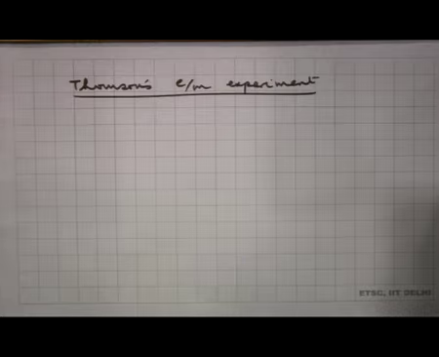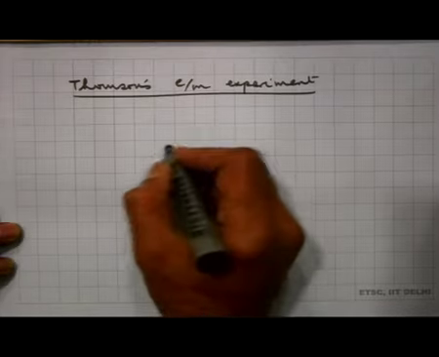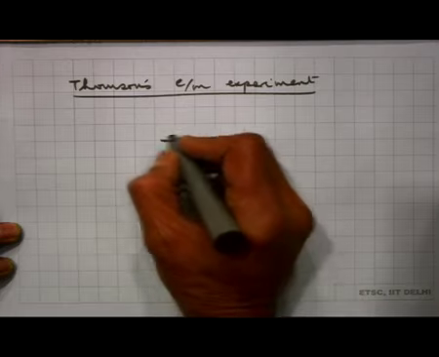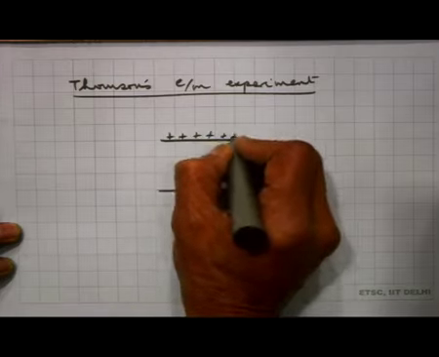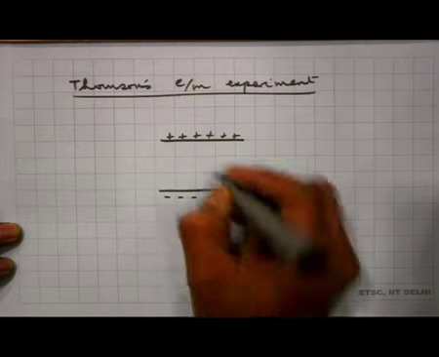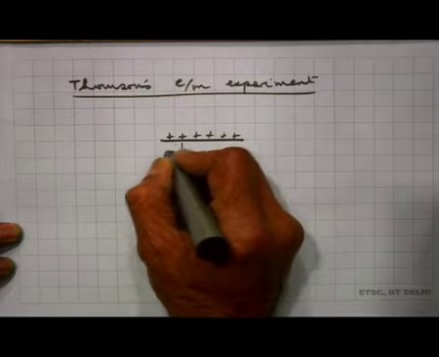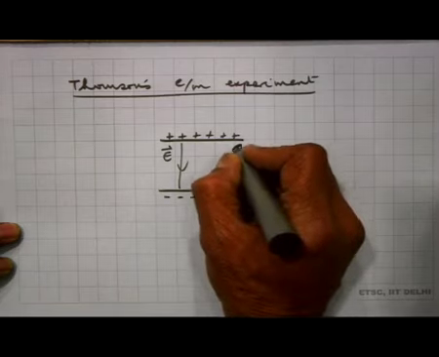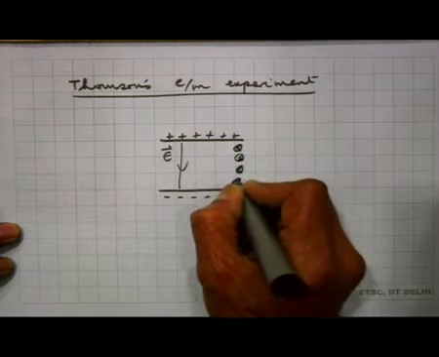Now, let me look at a region which contains an electric field and a magnetic field. Let me say that I have a positively charged plate here, and a negatively charged plate here. So, the electric field is pointing downward, and let me assume that there is a uniform magnetic field in this region, also pointing downward.